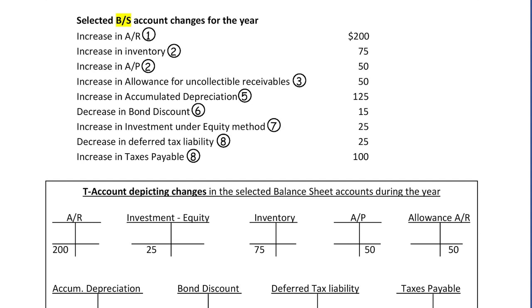So you got number 7 for the increase in investment account. The income tax expense on the income statement relates to deferred taxes and taxes payable on the balance sheet. So you got number 8 for deferred tax liability and taxes payable changes. So we have identified the income statement with the changes in accounts happening on the balance sheet. Now let's get back and solve it for the direct method first.